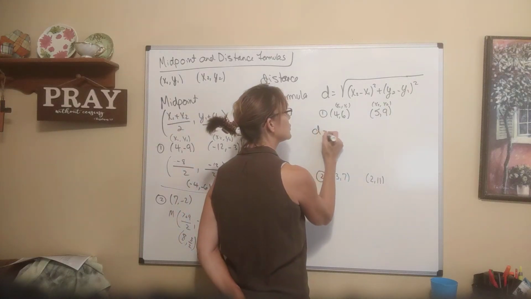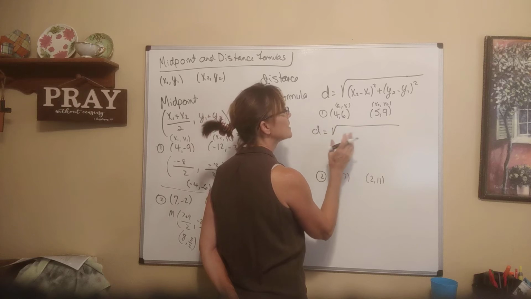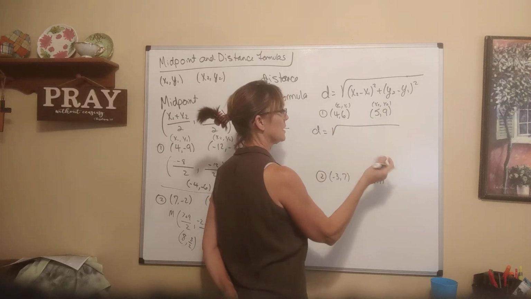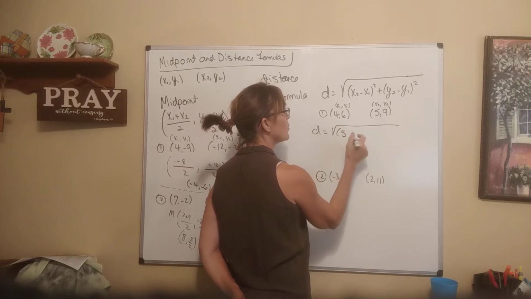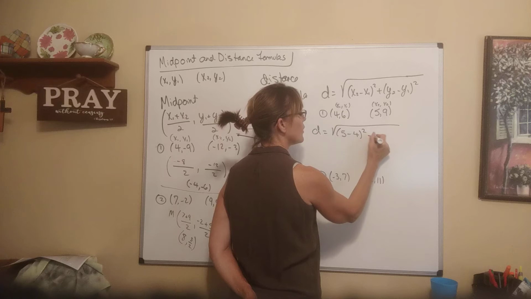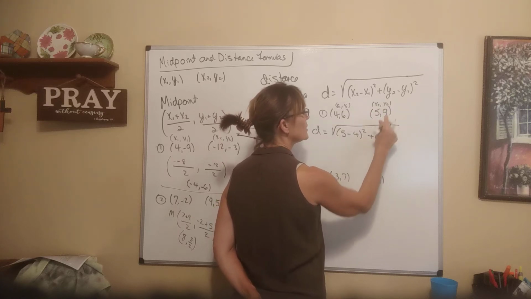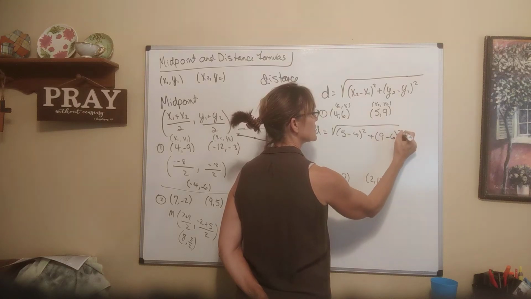The distance between these 2 points is equal to the square root of x2 minus x1. So the way that I've labeled these, this is my x2, 5, this is my x1, 4, quantity squared, plus, following this formula, y2, which is a 9, minus y1, which is a 6, squared.